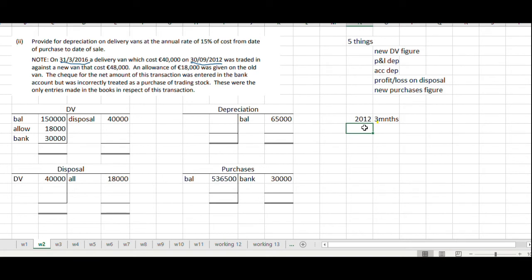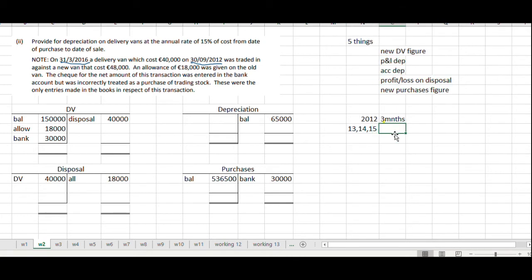Then we had the whole of 2013, 14, and 15, that would be 36 months, 3 years. And then in 2016, again, we had 3 months because we disposed of the van on the 31st of March. So in total, 42 months worth of depreciation.